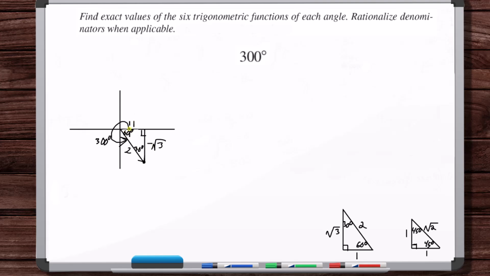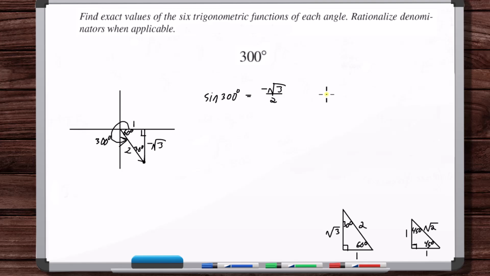But once you have the side lengths, you can effectively erase this, because the tangent of 60 is not minus root 3 over 1. It's root 3 over 1, right? But, okay, we come to this angle and we do SOHCAHTOA. So, all right, sine of 300 is equal to opposite over hypotenuse.